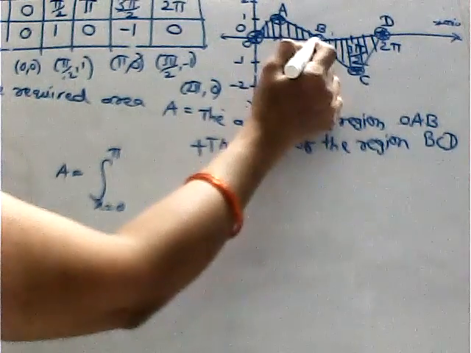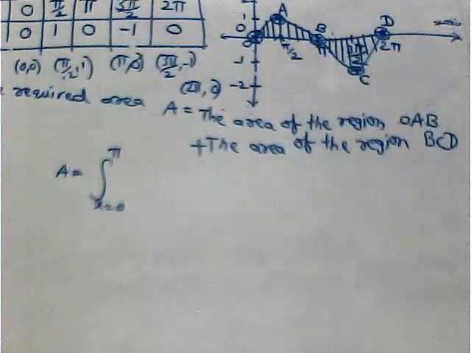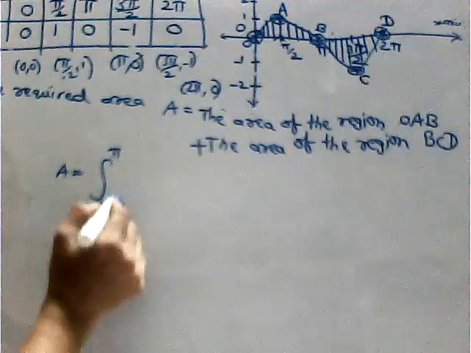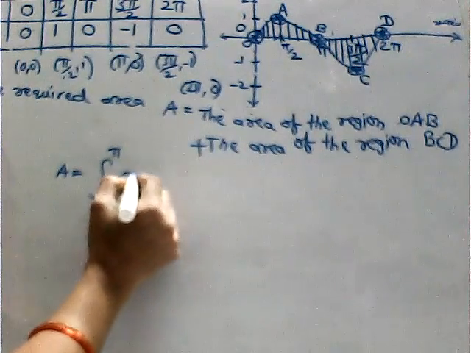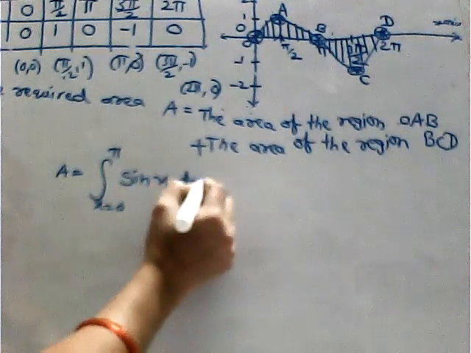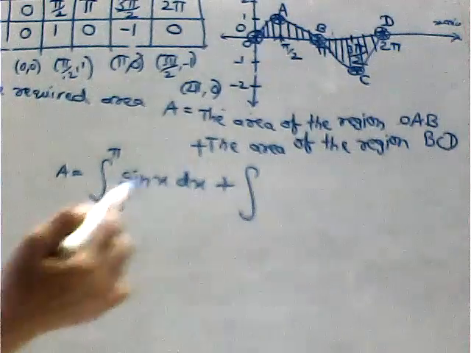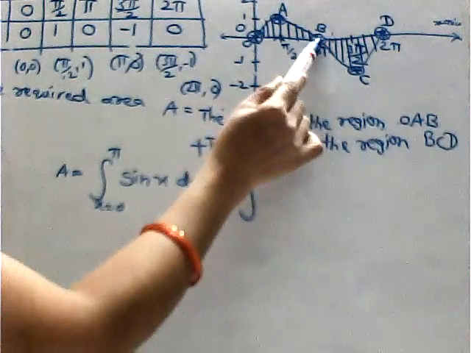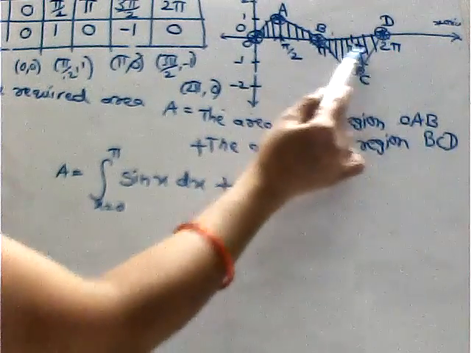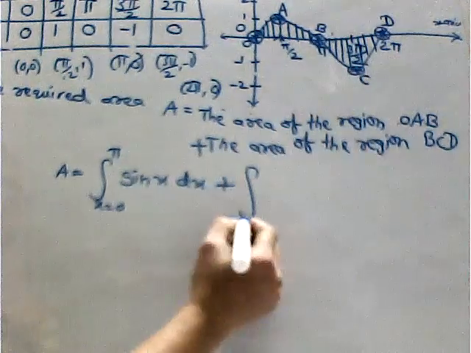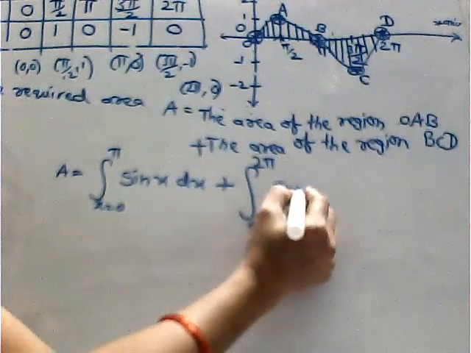This area is bounded from x equal to 0 to x equal to pi. Here the function is y equal to sin x, so integral of sin x dx, plus next the area of the region BCD. BCD has intervals from pi to 2 pi. Here the point B is pi, here the point is 2 pi. Pi to 2 pi sin x dx.